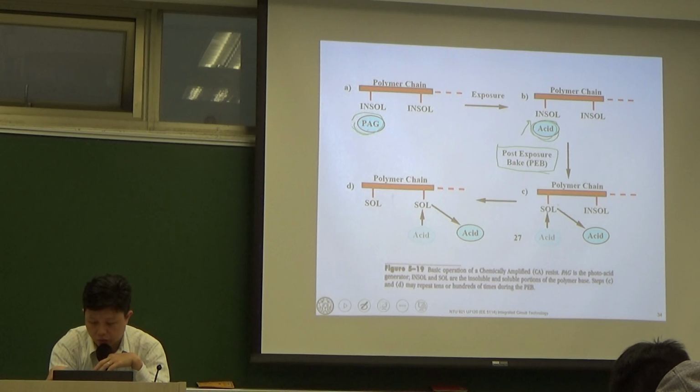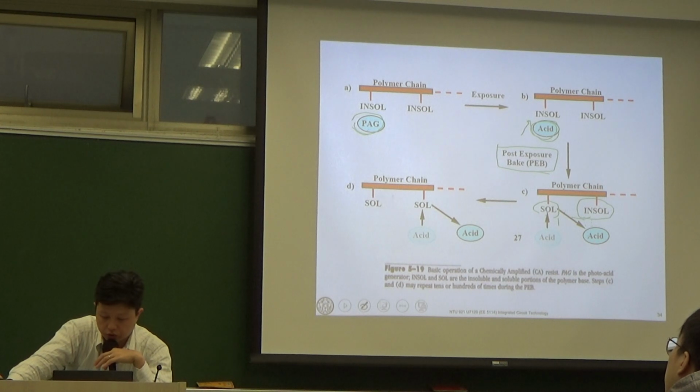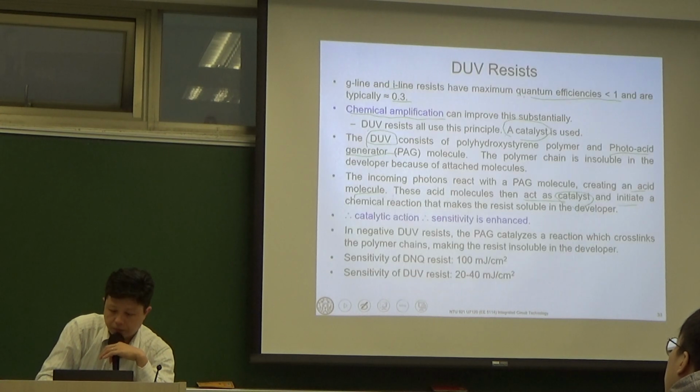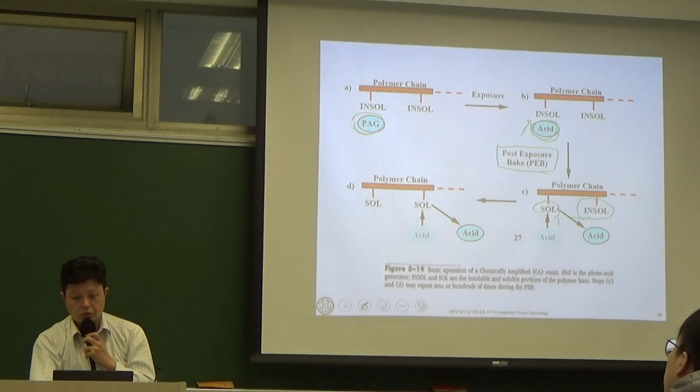So this acid will make another one become soluble, and that will trigger another one to become an acid. And you will continue to do this, and those acids will now become soluble in your basic solution, in your developer. So that will undergo this kind of chain reaction during your post-exposure bake.